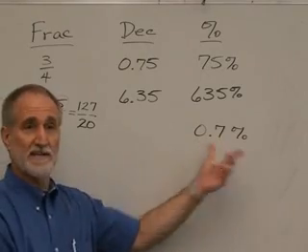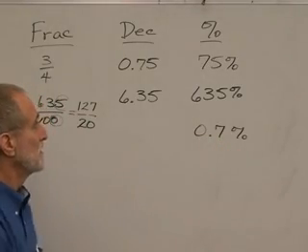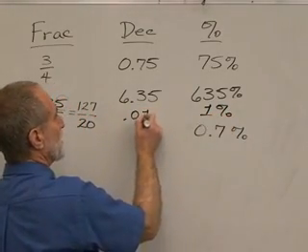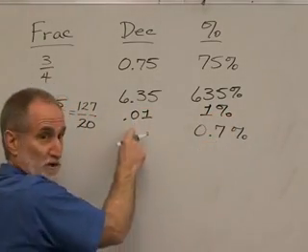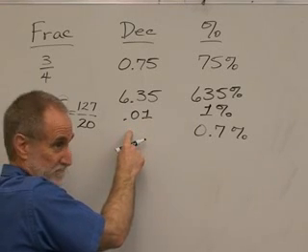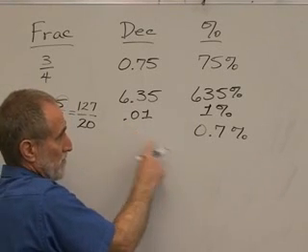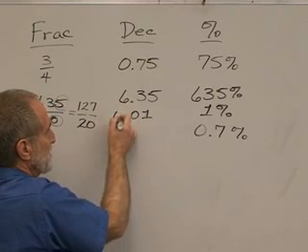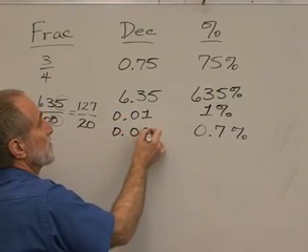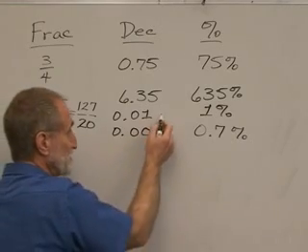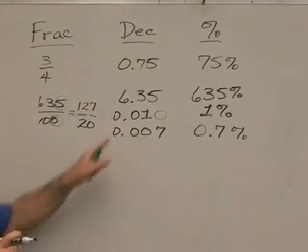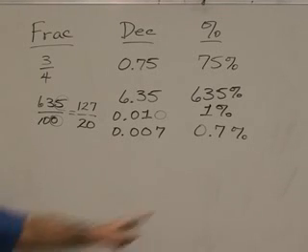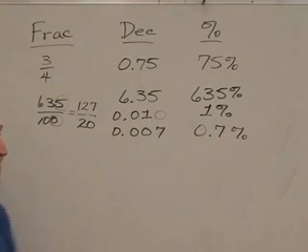So 0.7% is less than 1%. So if 1% is 0.01, then this thing needs to be smaller than that, right? So we go 2 places to the left, and we get 0.007, which indeed is smaller than 0.01. Okay. This is a tiny number. This is a fraction of a percent.